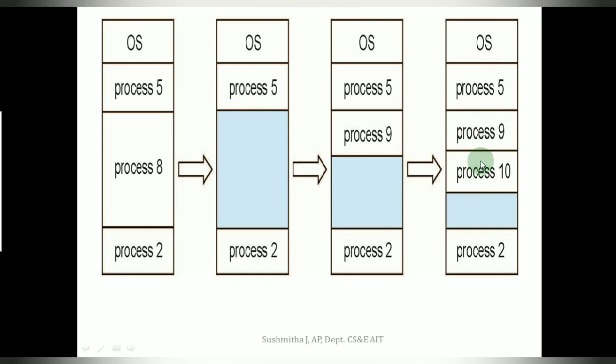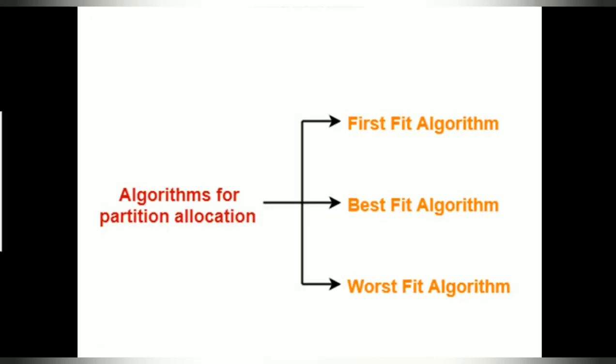Now, when I have multiple free blocks or holes, how do I choose which block is appropriate for which process? To do the same, we have three strategies or algorithms. These algorithms identify which hole is better suited for a process.